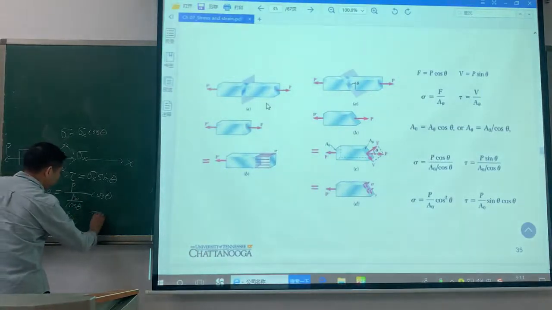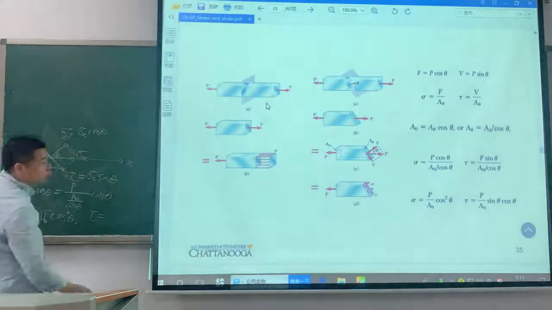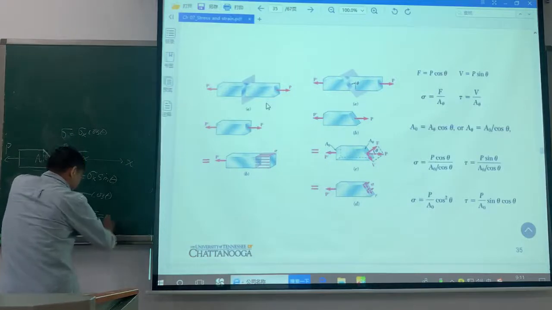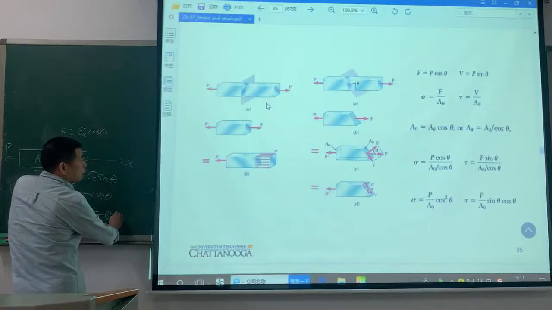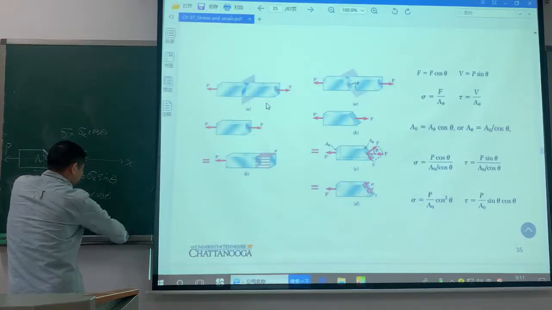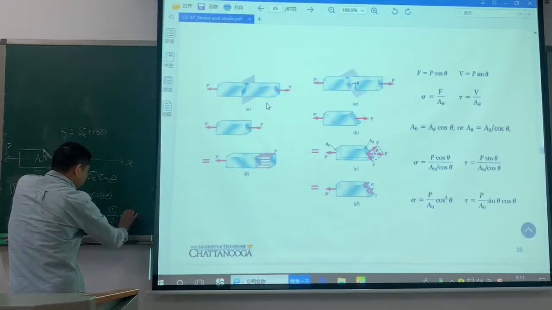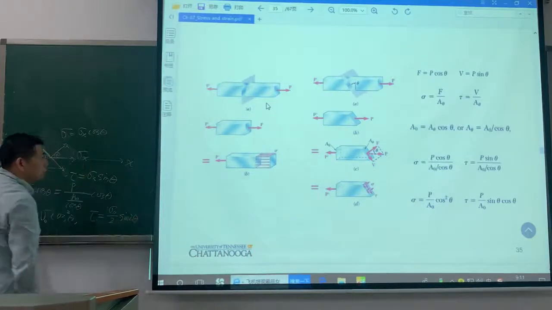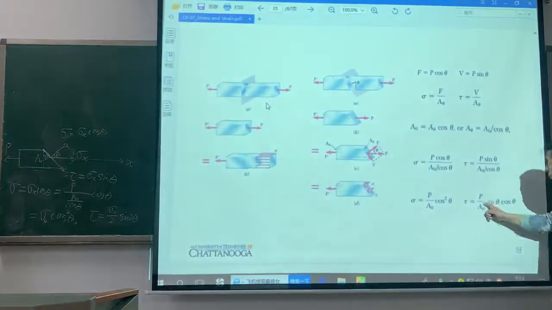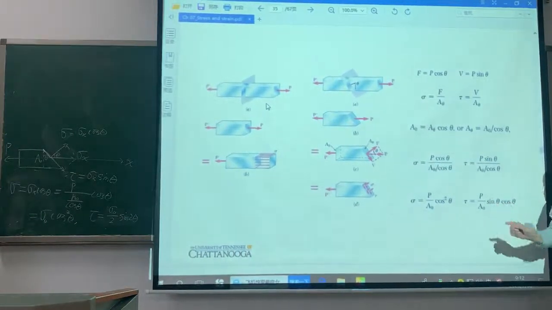By the same way, we can find tau, which is half sigma sin 2 theta, because 2 sin theta cosine theta is sin 2 theta.